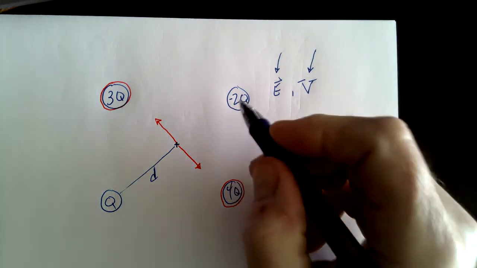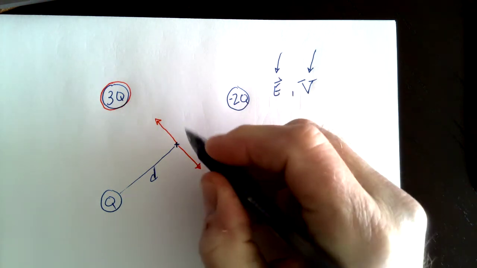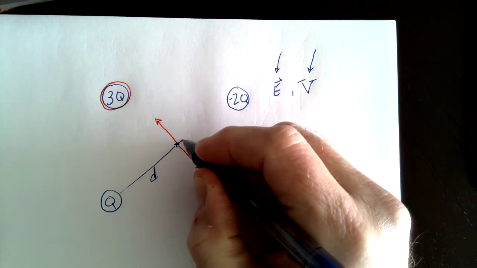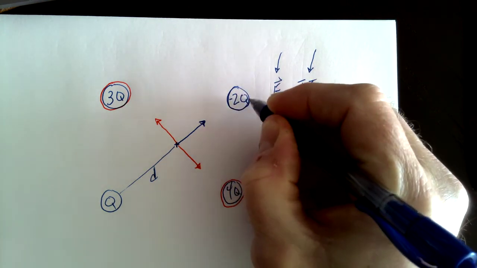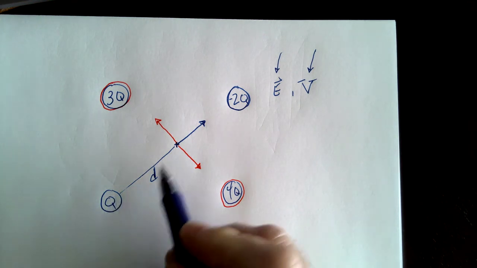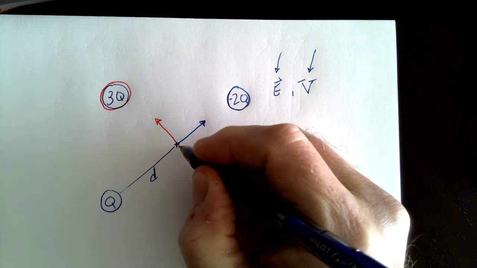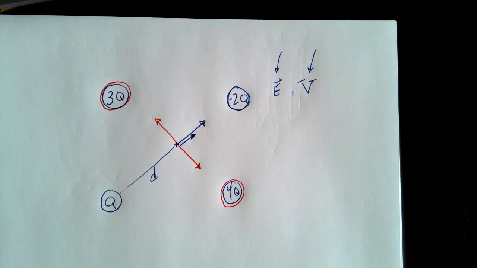Now looking at the other two corners, here you've got a negative 2Q charge. This is a positive. That means the field line due to this guy is up to the right, pointing right towards 2Q. This one, since it's a positive, its electric field direction would be up and to the right.